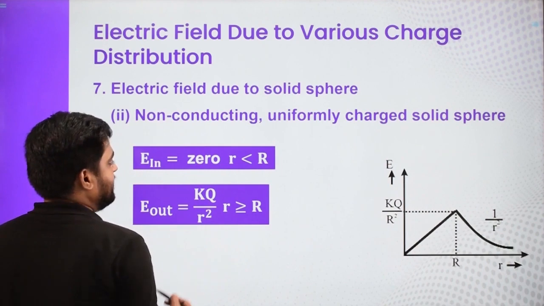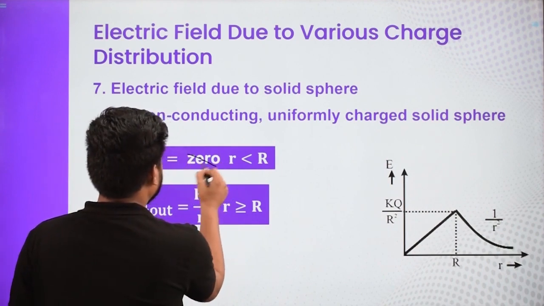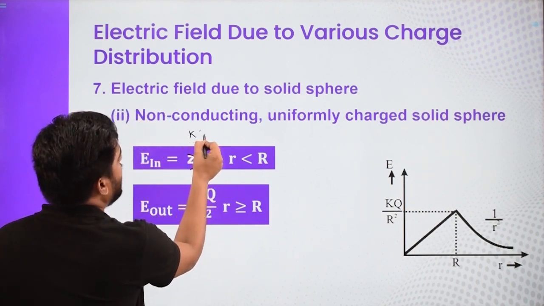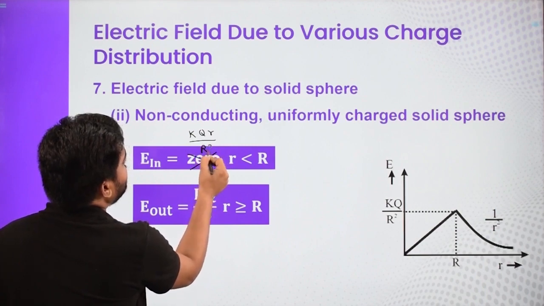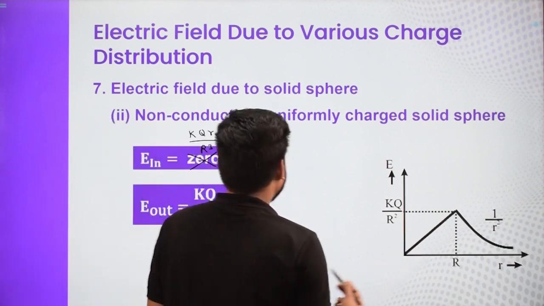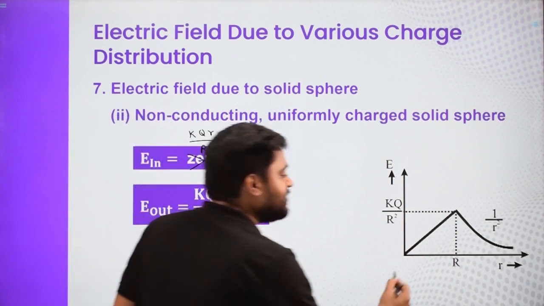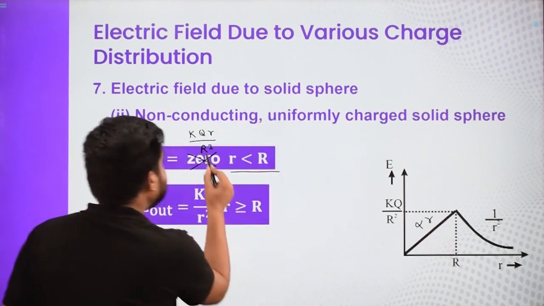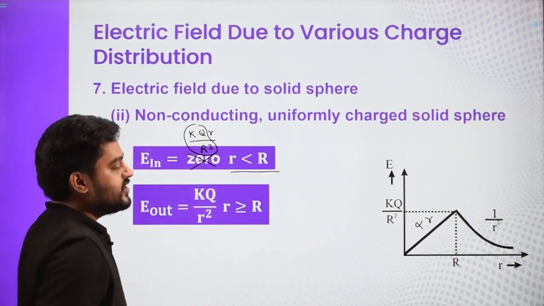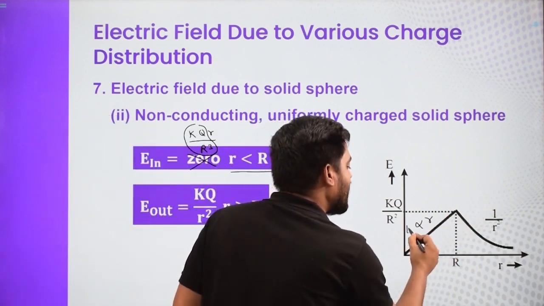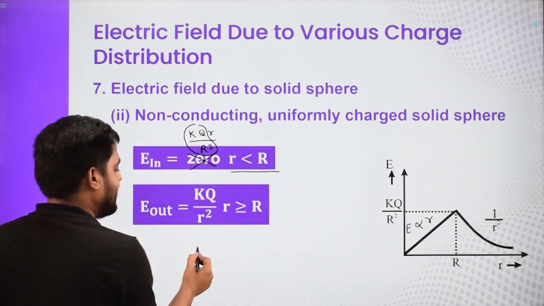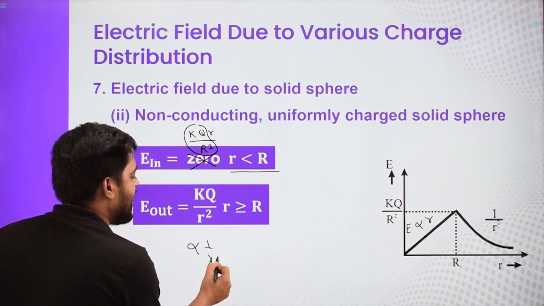So for a point, this is kqr by r cube. Here if you see, for a point which is inside the charge, the electric field is directly proportional to r, right? See, kq by r cube is a constant, so electric field is directly proportional to r. And for a point which is outside, again it is proportional to 1 by r square.